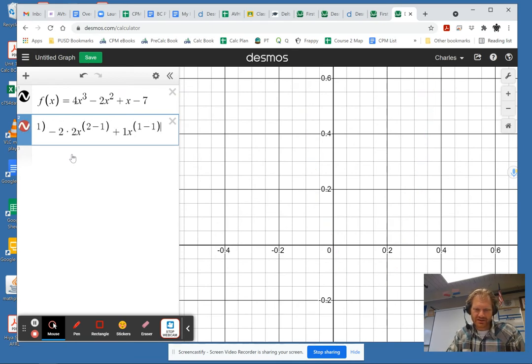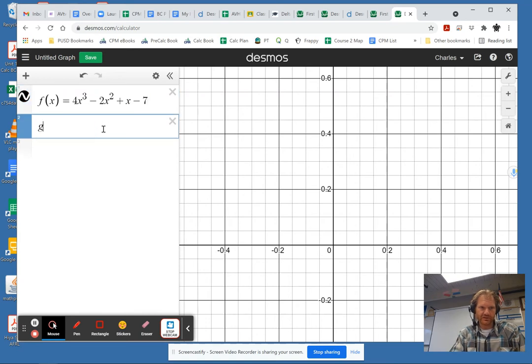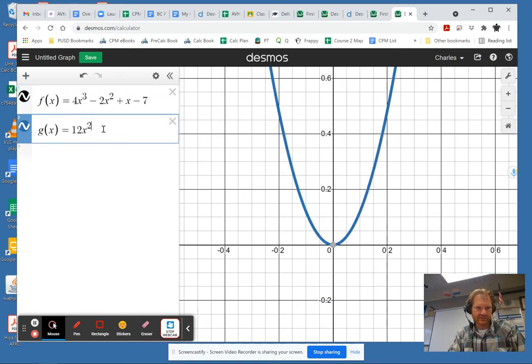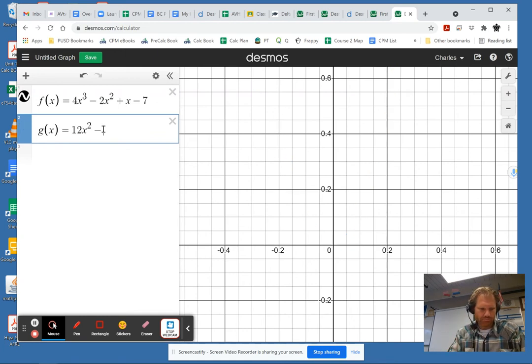Right, and you can do those. You can subtract 1 in your head by the time you get to this point in math class, but I'm just showing you where you get it. So another way to write this would be, let's just start it from the beginning. G of x is equal to 12x squared minus 4x plus 1.